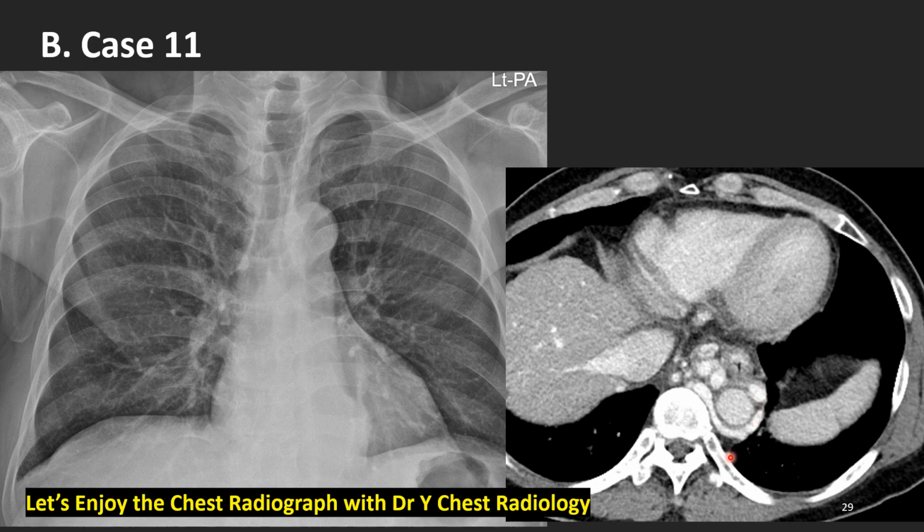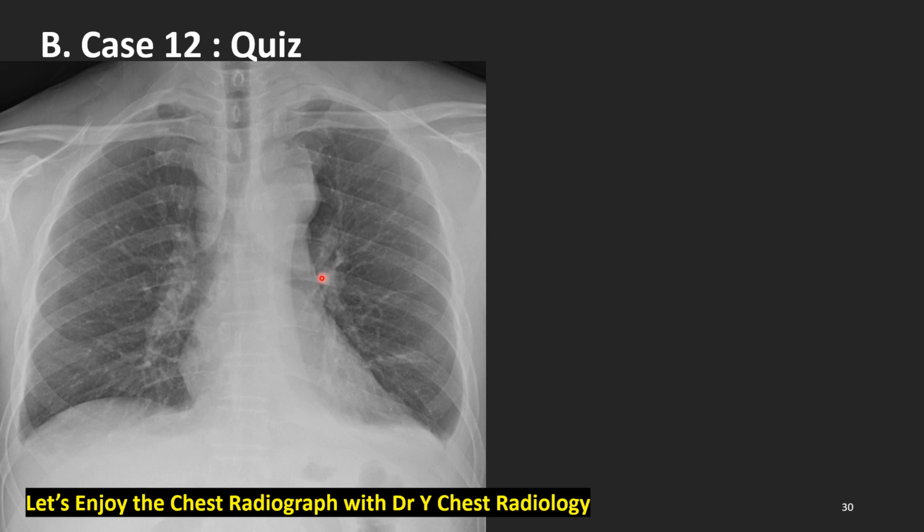That's why the paraspinal stripe was okay. The paraspinal stripe is okay, not a paravertebral compartment lesion, but a visceral compartment lesion. This is paraesophageal varix of a liver cirrhosis patient.